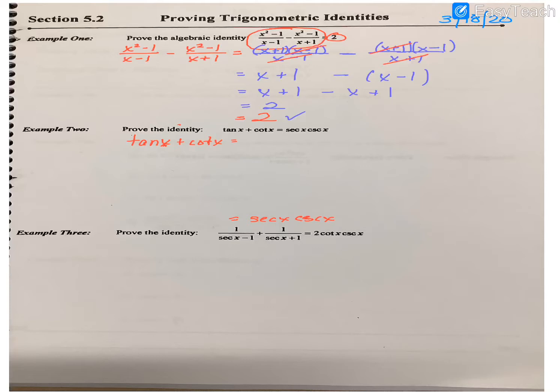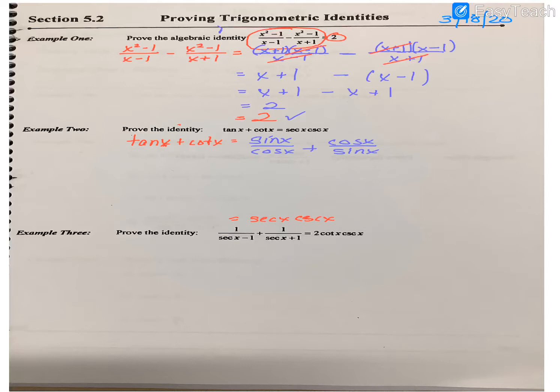If we do that, we know tangent, according to our quotient identities, is sine x over cosine x, and then it's plus, and then cotangent, if you recall, is cosine x over sine x. As much as I would love to cancel, I know some of you out there want to cancel, we can't cancel because we're adding.